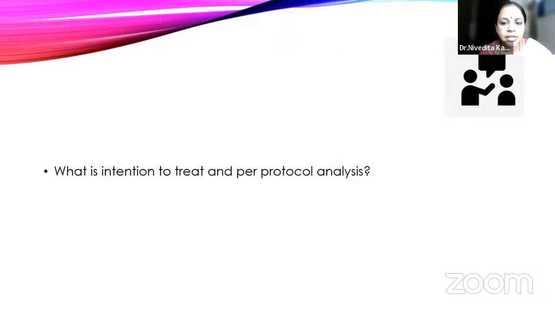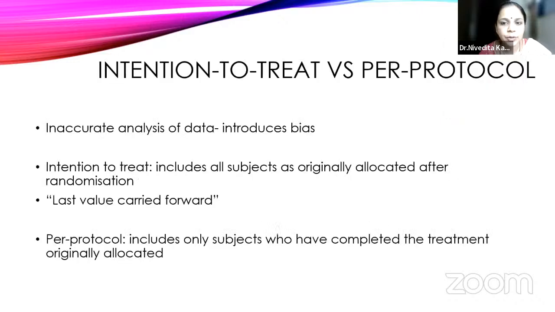What is intention to treat and per protocol? I think I'll directly go to it because we have already discussed this in the quiz. So inaccurate analysis of data introduces bias. Intention to treat is a very simple concept where all the patients who have been randomized have to be analyzed as they have been allocated to the arm.